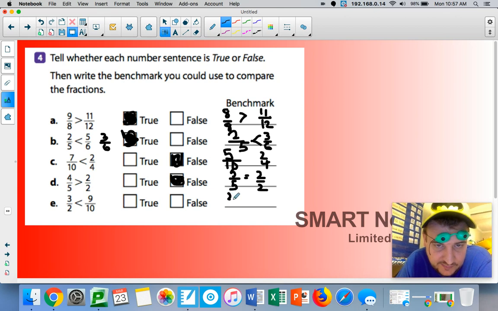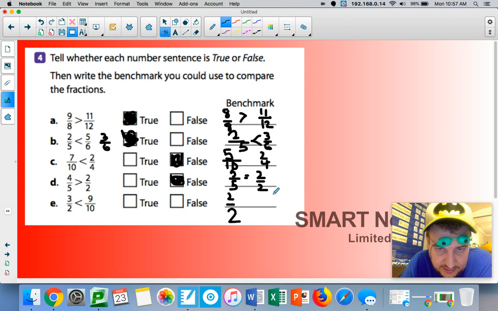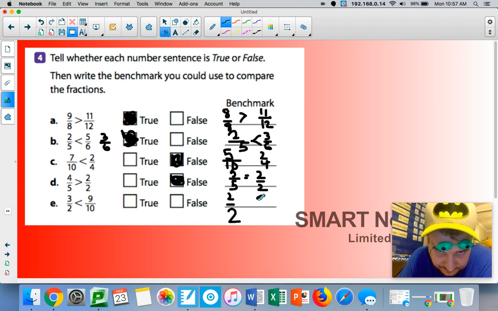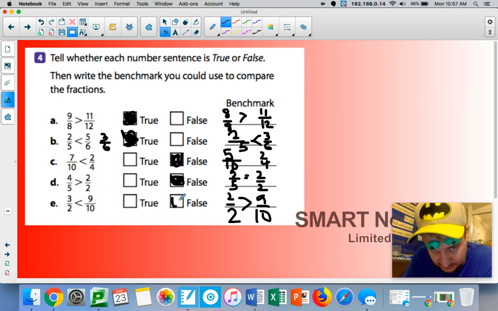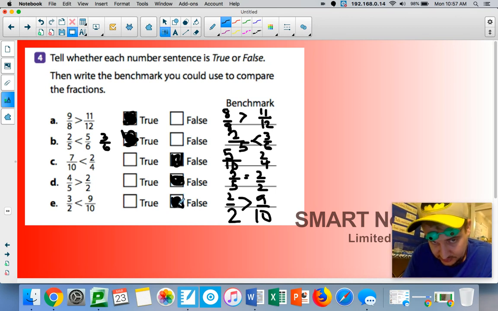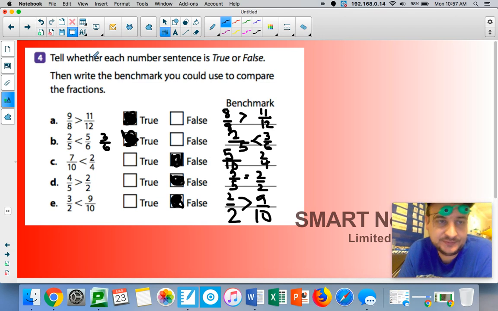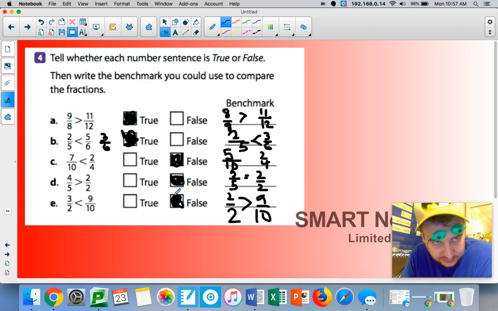So 2 halves would equal 1 whole. 9/10 is less than a whole because 10/10 would be a whole. So this is bigger. If 2 halves is bigger, 3 halves is bigger. False as well. Liars. So true, true, false, false, false.